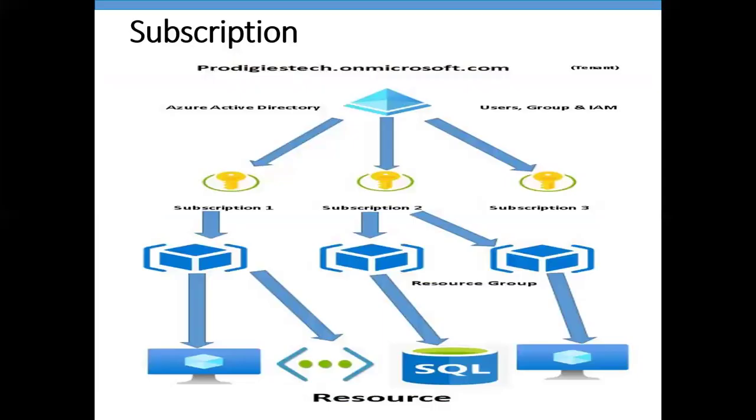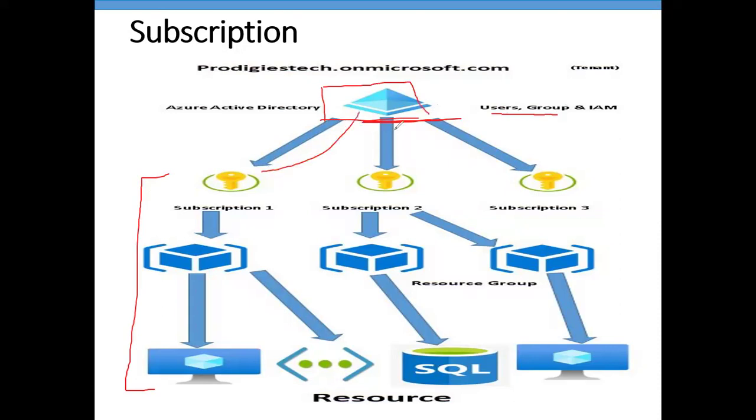This is the structure. Right now, we are going to discuss this particular structure. On the top, we have our Entra ID service, where we are going to create users and groups. That is always on the top.